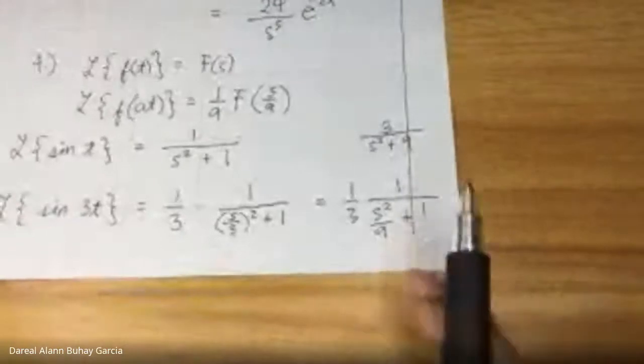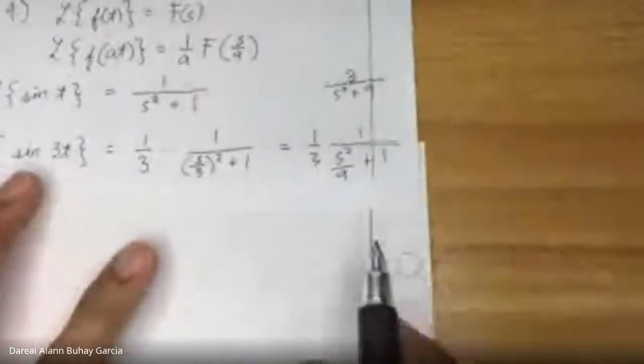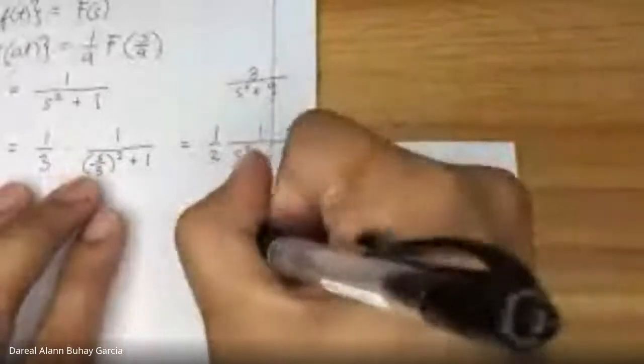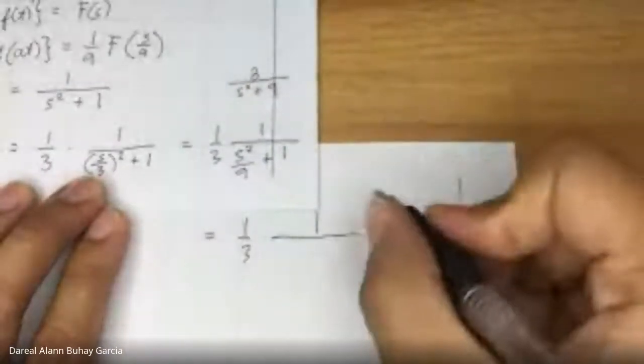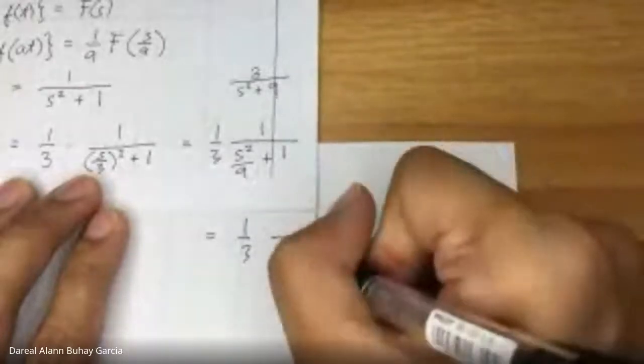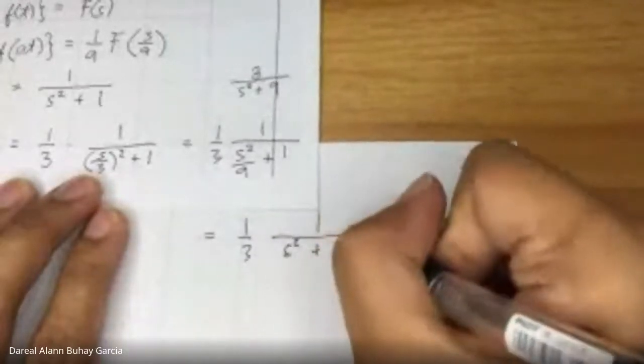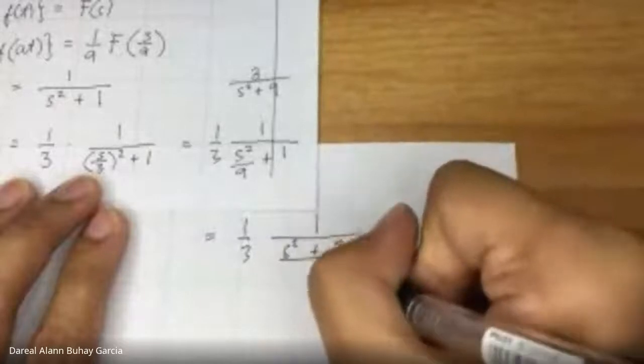Multiply. One over s squared plus 9 over 9.